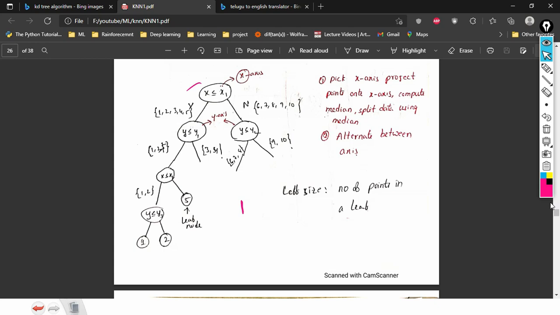Let us see. Here we split based on the x-axis first, because here they consider two axes, x and y. Some points are classified in this region, and some points in this region, which we can observe above.